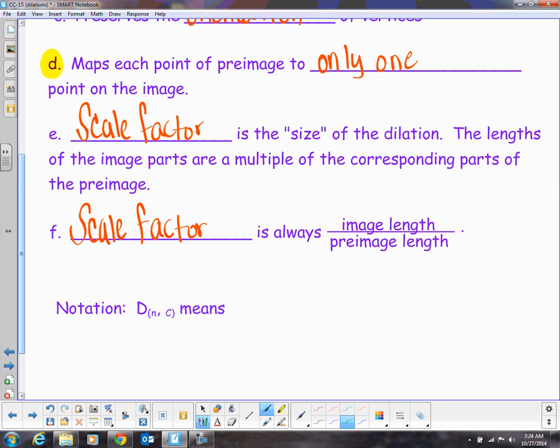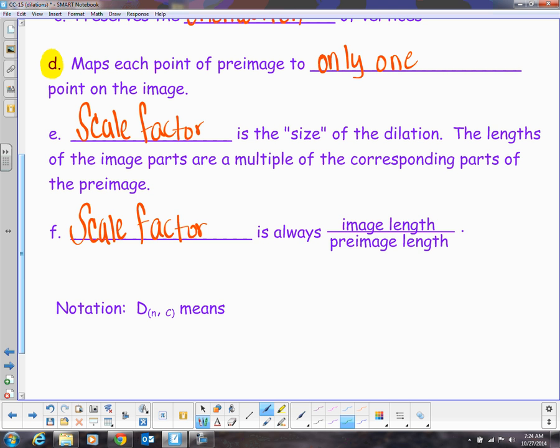Tell me what's preserved in a dilation? Angle measures preserved. What is not preserved, Kayla E? Length.